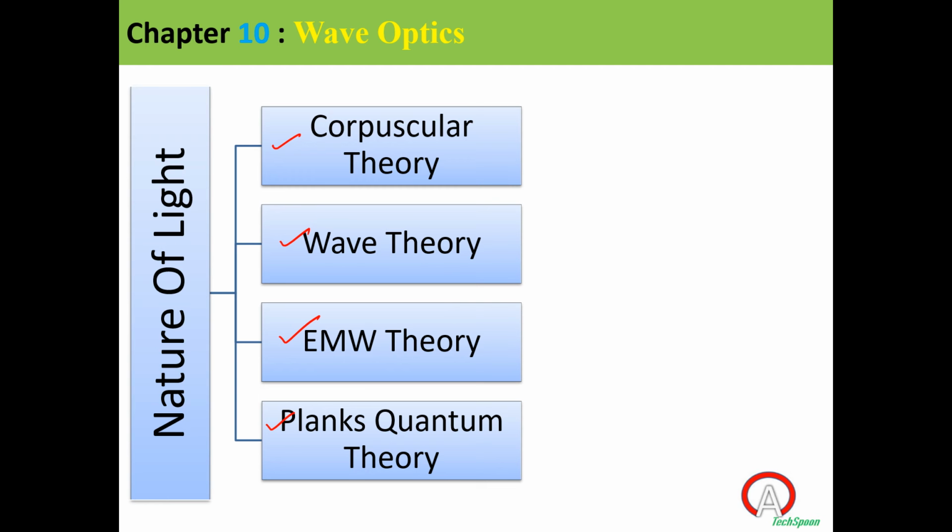Particle nature, Planck's quantum theory, right? Planck's quantum theory explains the particle nature. It says that light is consisting of particles called photons.